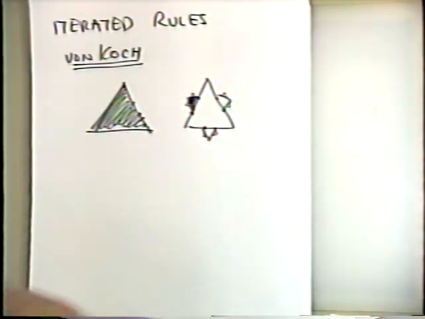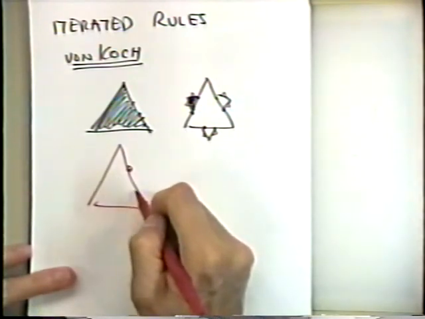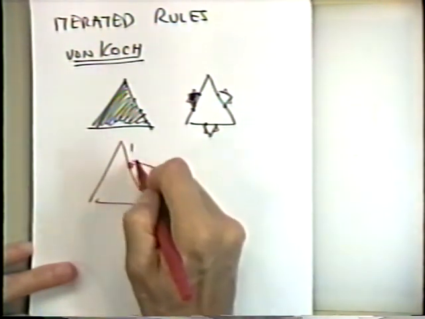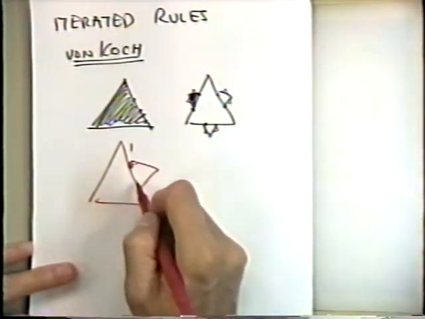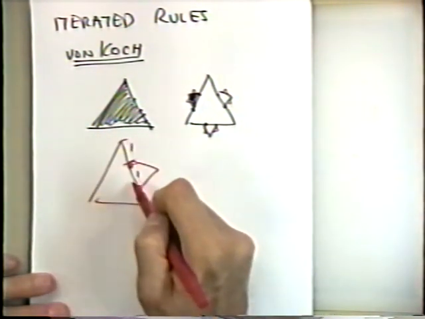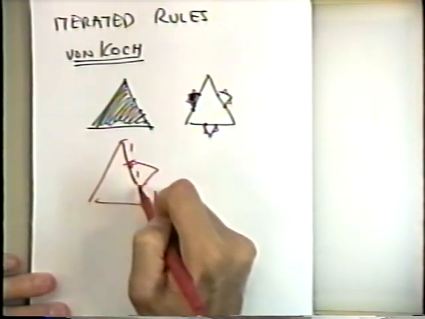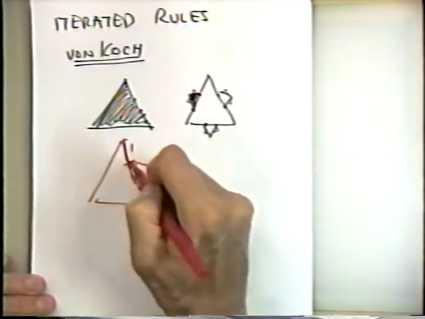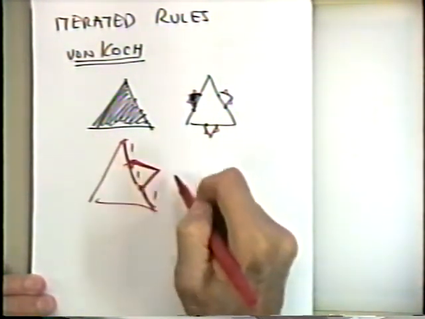Now, look what happens. Every time I have a triangle and add another little triangle, if this was 1 unit long on a side, or if this was 3 units long on a side, from here to there, 1, 2, 3, now it's become 1, 2, 3, 4 units.